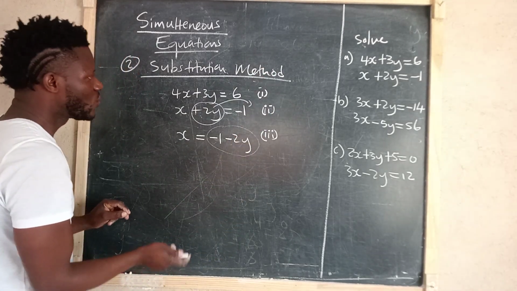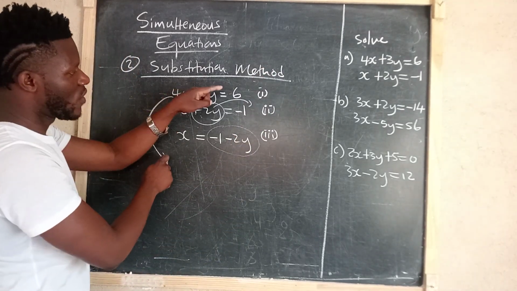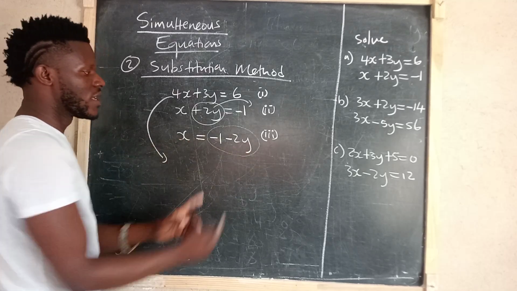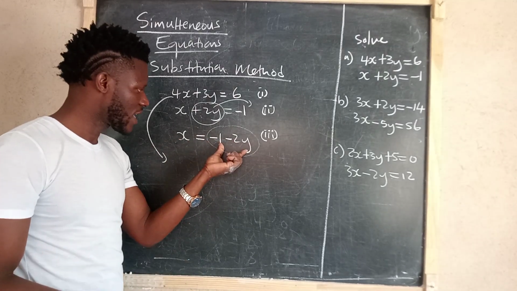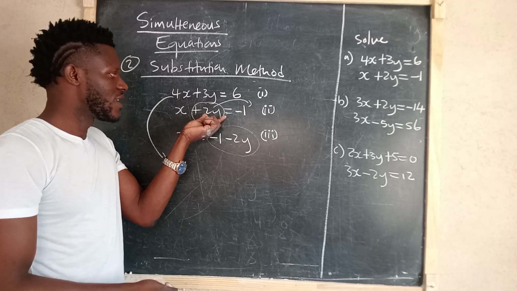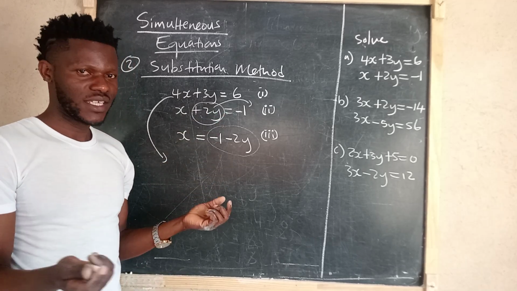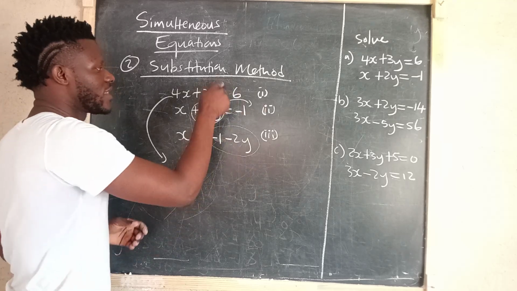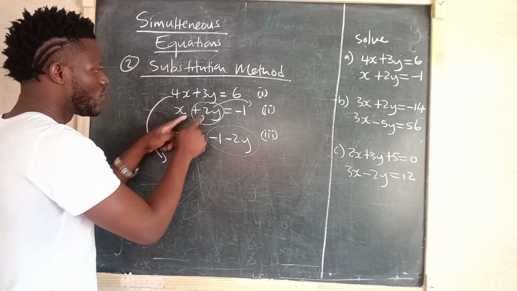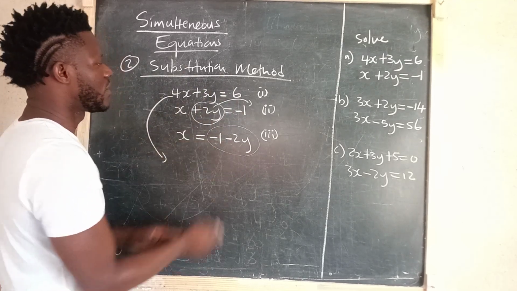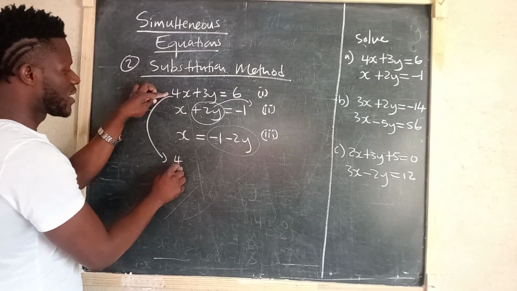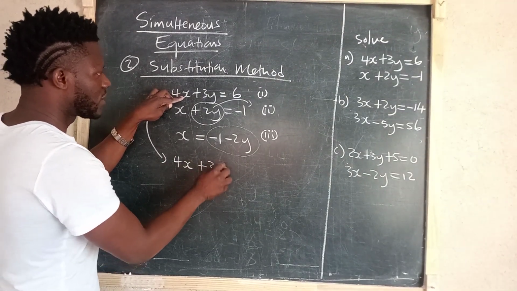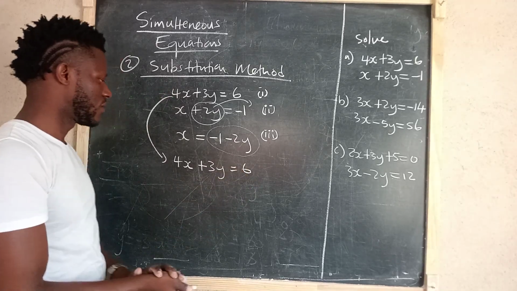Now we are going back into the other equation, equation I. In place of x, we will write down this one. If you substitute this answer into equation II, sometimes you don't get a correct answer. So you must substitute it into the other equation, which is not the one we used to make equation 3. So we start by writing down this equation as it is. 4x plus 3y is 6.